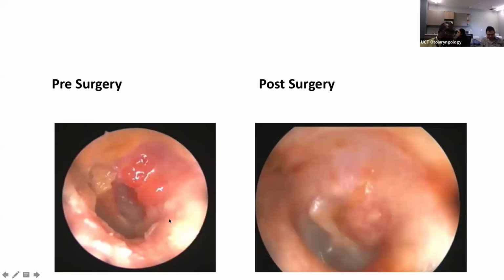This is again another one where there's a retraction pocket, but this time there's granulation tissue, which might only be the tip of the iceberg with cholesteatoma beyond it, and there's erosion of bone. So this was how the picture looked after reconstruction.